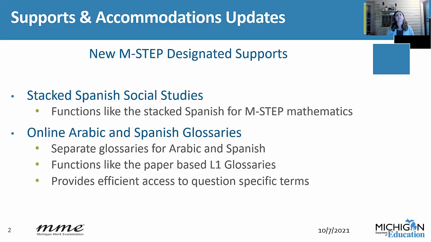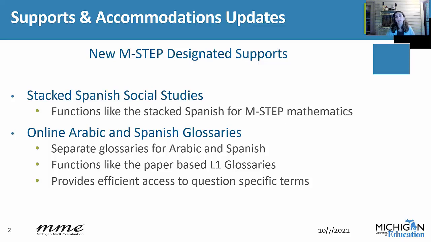This means that it's going to follow the test and provide words that are specific to each student for every single test question. So what this means is it's going to provide students with a more efficient way to access terms that are actually on the test without the student having to flip through a hard copy version of a paper-based word-to-word bilingual dictionary.